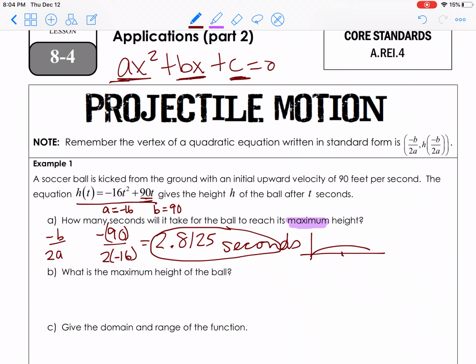Okay, the second question also is referring to maximum. It says, what's the maximum height of the ball? So now we want to know, how high did it travel? To find that, we're going to plug this into the equation.